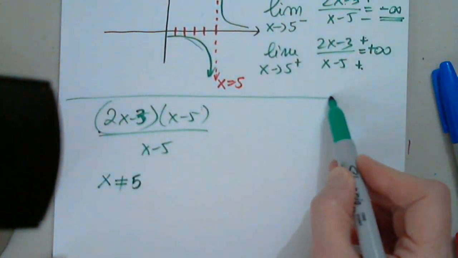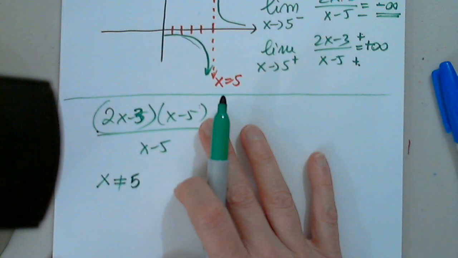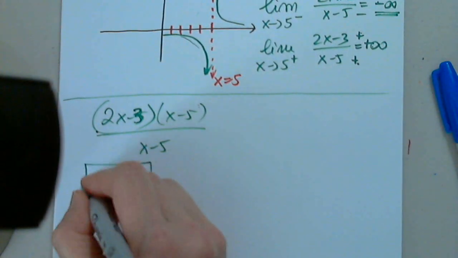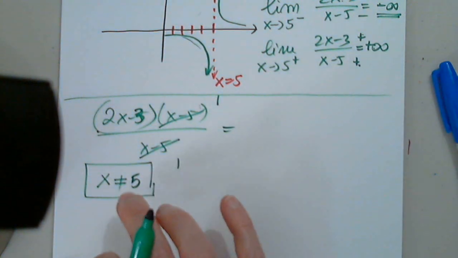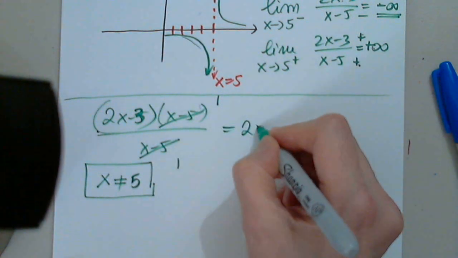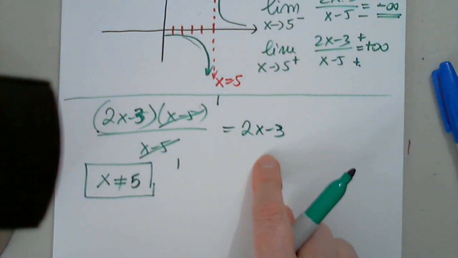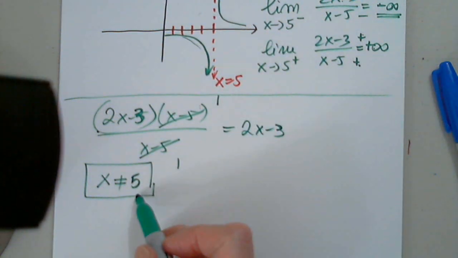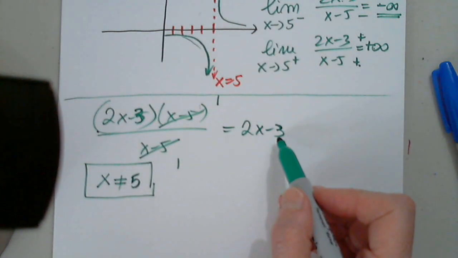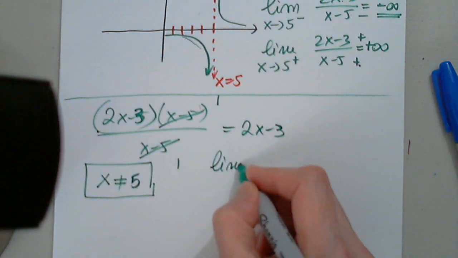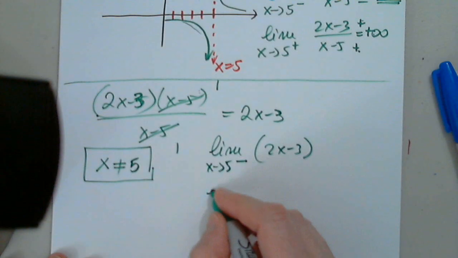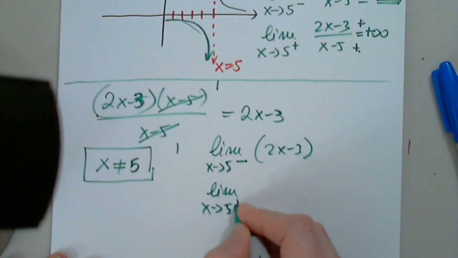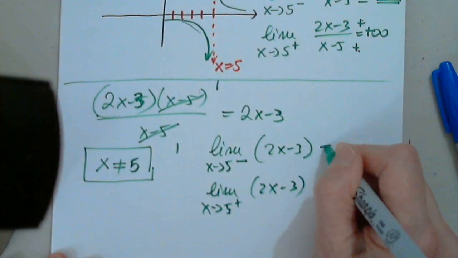I don't want you to get confused. I made up another problem to discuss something. Here, I still have to write the domain, but after I state it, I'm allowed to simplify, and then I will be graphing this function. However, at 5, I cannot plug in 5 here. But I will have to determine the limit as x approaches 5 from the left, and the limit as x approaches 5 from the right. What do we get?